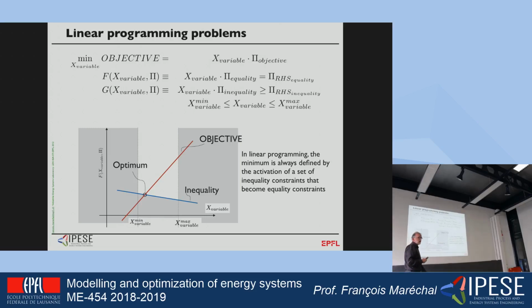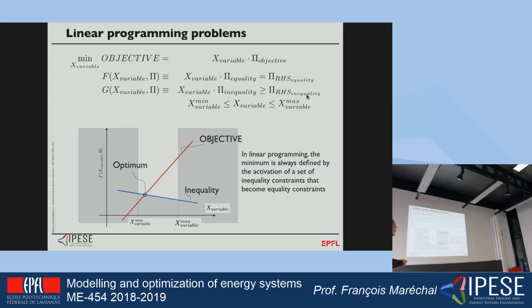It means that if you are solving linear programming problems, the goal of the solver will be to identify which one of all the inequality constraints that you have here, whether on the variables or on the combinations of the variables, which are linear combinations, has to be transformed from an inequality to an equality constraint.